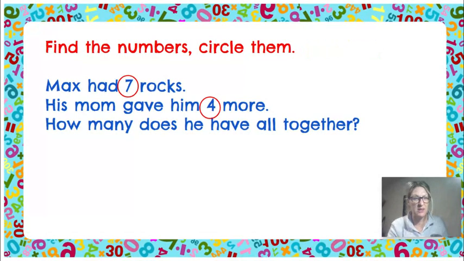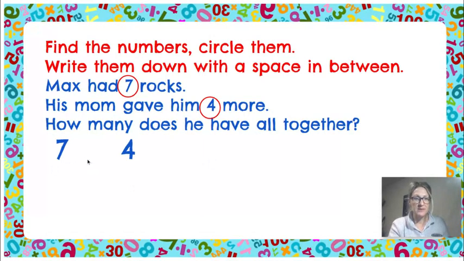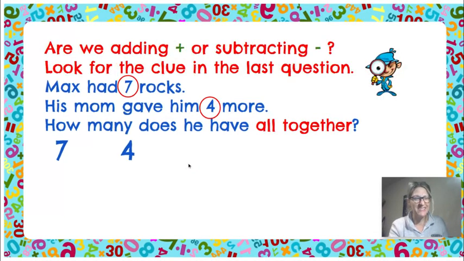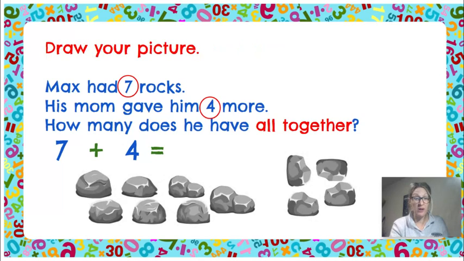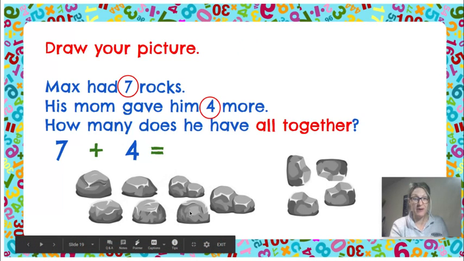There's those 2 numbers. We're going to circle those numbers, 7 and 4. We don't know if we're adding or subtracting yet. I think you do, though. We are adding because it says all together and it says 4 more. So 7 plus 4 equals, how many does he have all together? Well, let's figure it out. There's some rocks. 1, 2, 3, 4, 5, 6, 7.